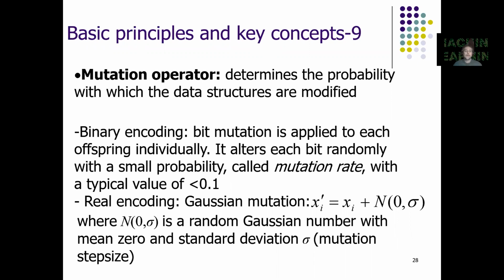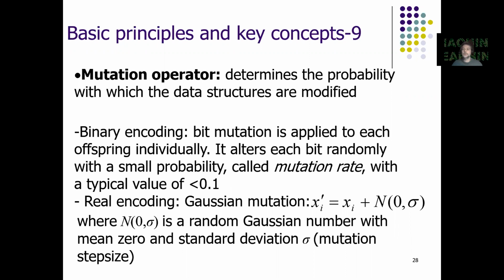If you use real encoding, then the mutation operation is similar to a kind of noise operation. So there are, for example, models which follow the Gaussian mutation. Basically, since you have real value encoding, x, a member of the population, is a real number. And what we are doing is that we take the original number and we add some kind of noise using a Gaussian number generator.